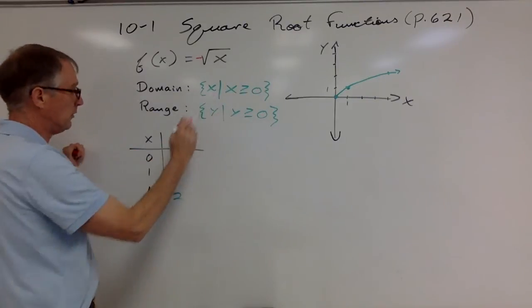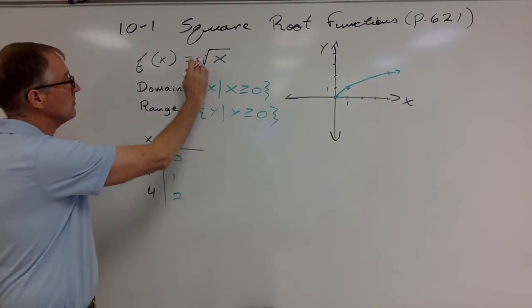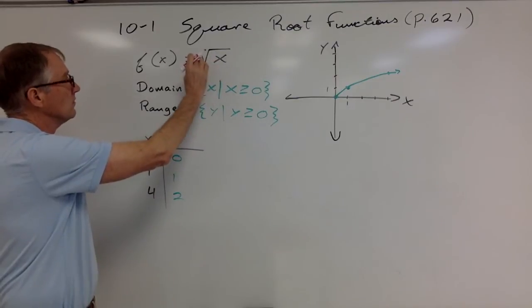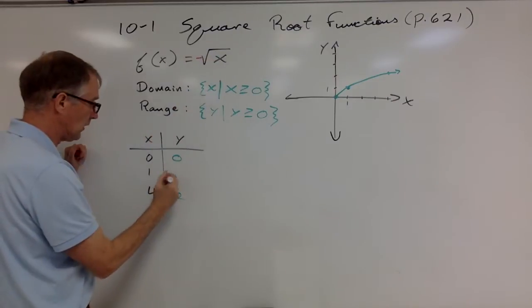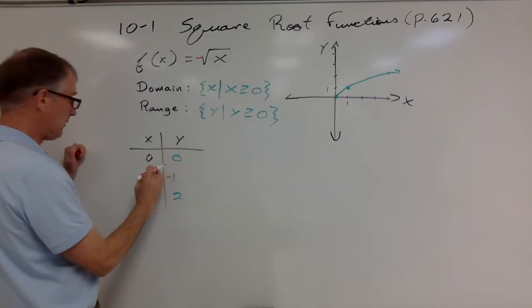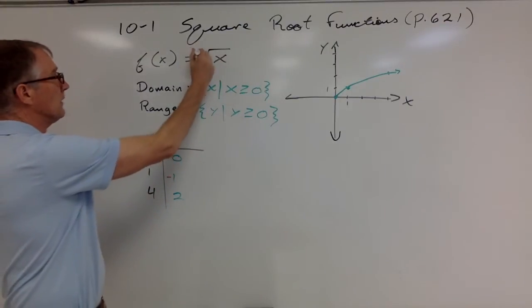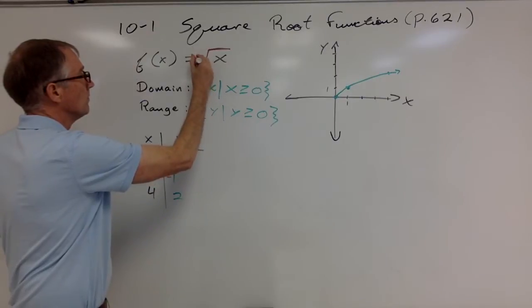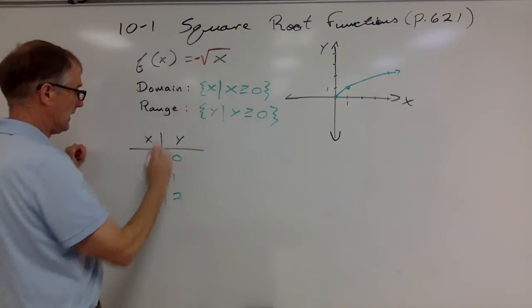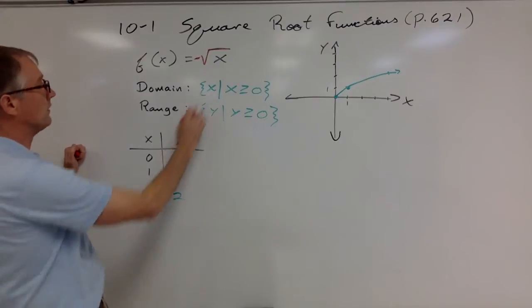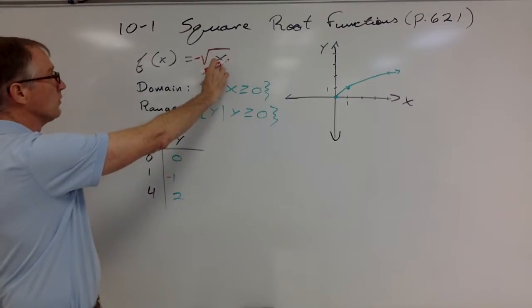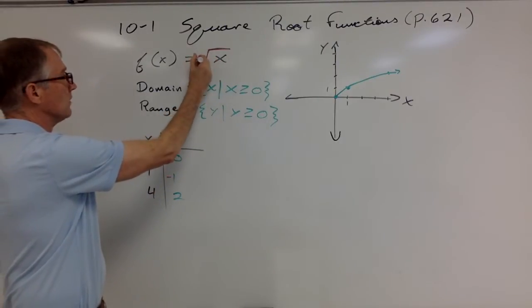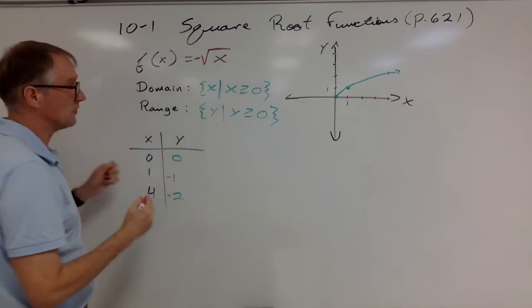But now if I put in 1 for x, then the square root of 1 is 1, but with that negative sign, y would be negative 1. If I put 4 in for x, the square root of 4 is 2, but there's a negative sign in the equation, so that would be negative 2.